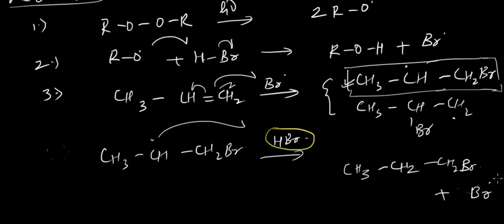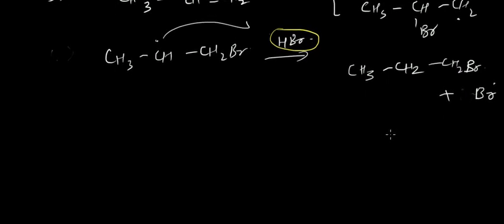Okay, so this completes our reaction mechanism of anti-Markonikow rule, and there are a few points: anti-Markonikow is a free radical addition reaction, and symmetric alkenes such as 2-butene will give the same anti-Markonikow and Markonikow products because of their symmetry.